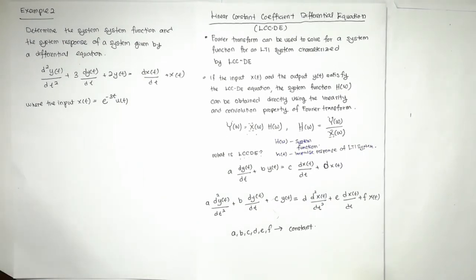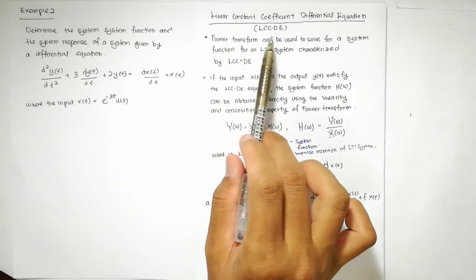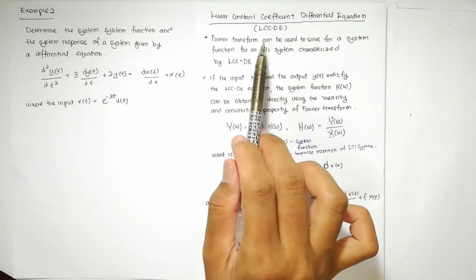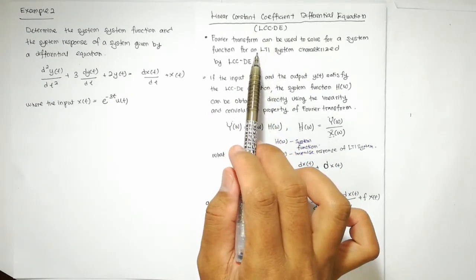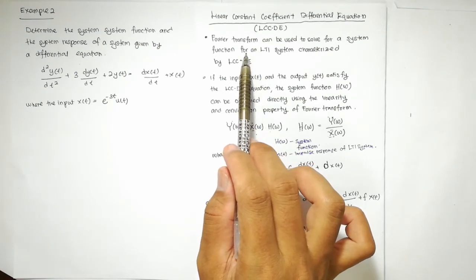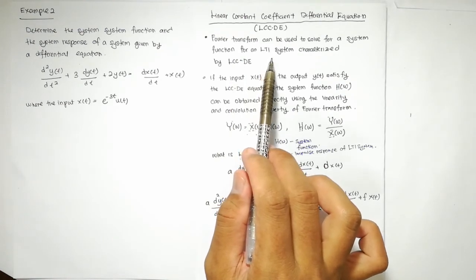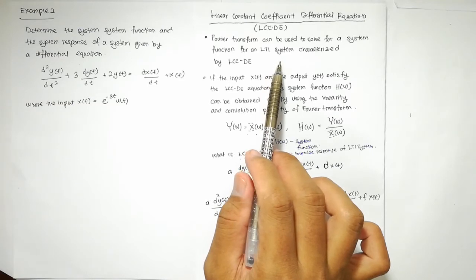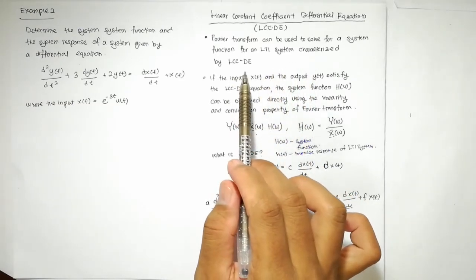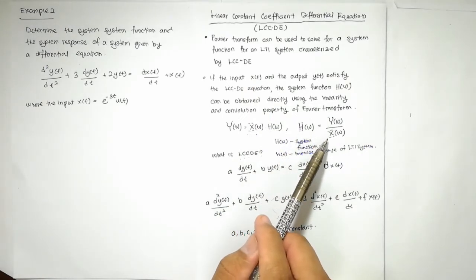Okay, so in this video we will continue our discussion on the second application of Fourier transform, which is linear constant coefficient differential equations, LCCDE. If you can still remember, we use our Fourier transform to find the system function of our LTI system, or the response of our system, which is characterized by an LCCDE, given by H omega equal to Y omega over X omega.